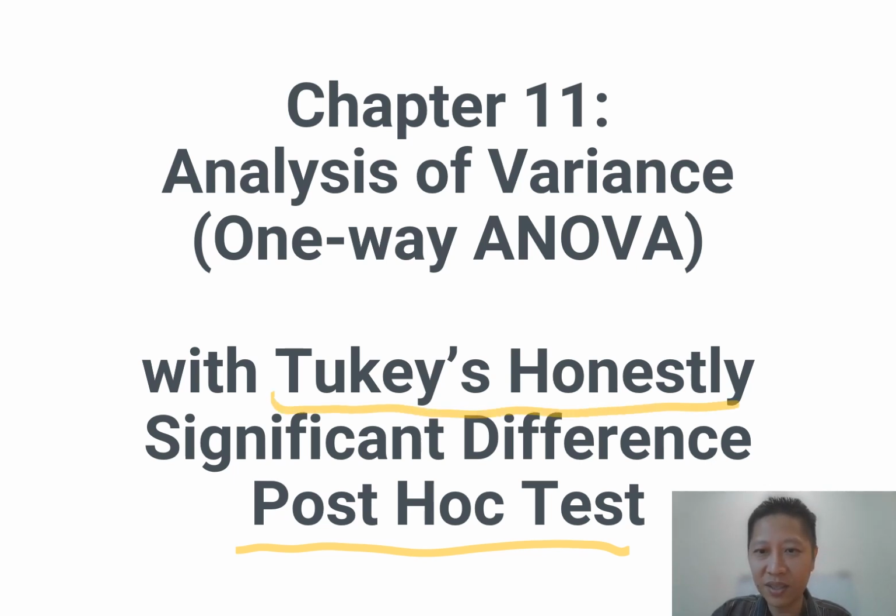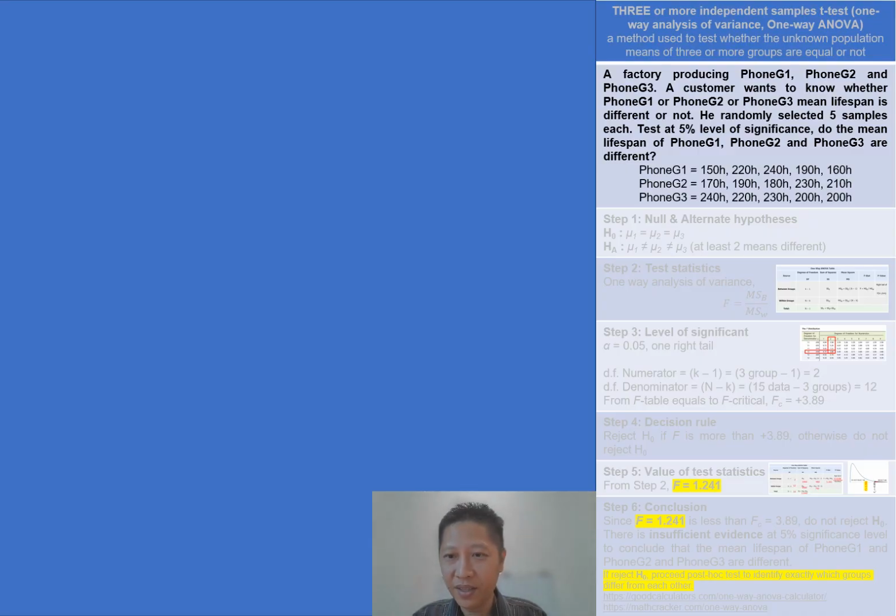It's called the Tukey honestly significant difference. This is the third problem that we discussed. We have phone models G1, G2, and G3. The conclusion is do not reject. So we do not proceed with the post-hoc test.